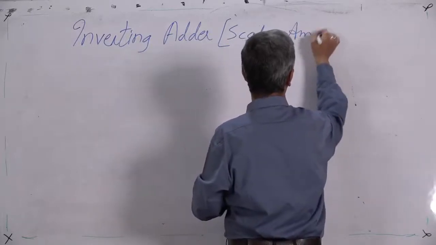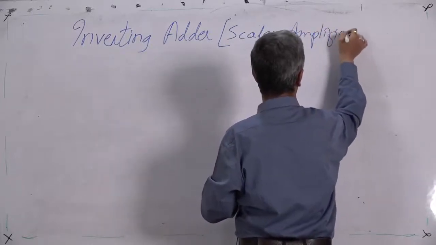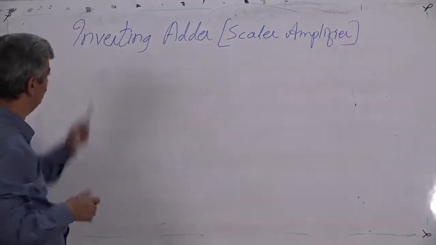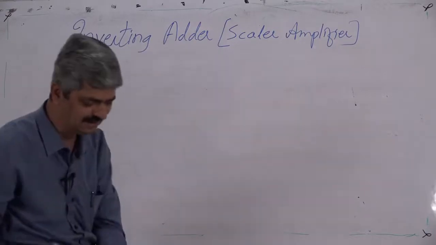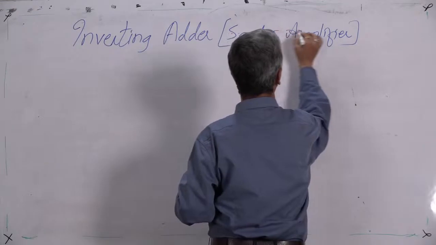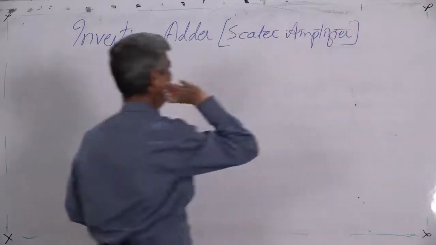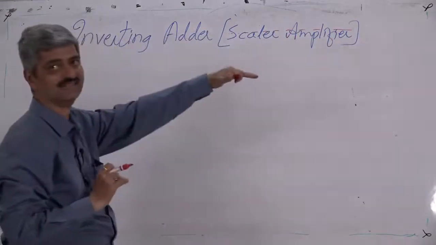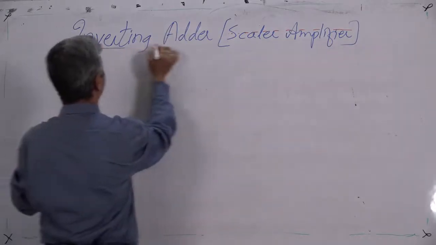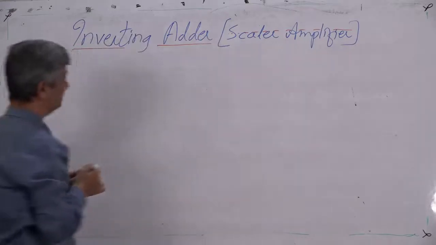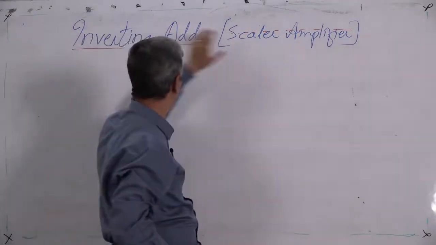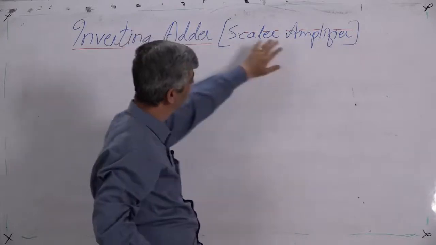I will explain everything. When things are equal, it becomes an adder. This scalar amplifier right now is required, but right now not required. So at the initial stage you focus on inverting and adder, that is the name, but it will come through this.